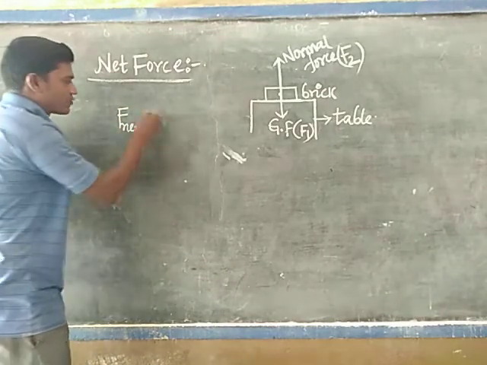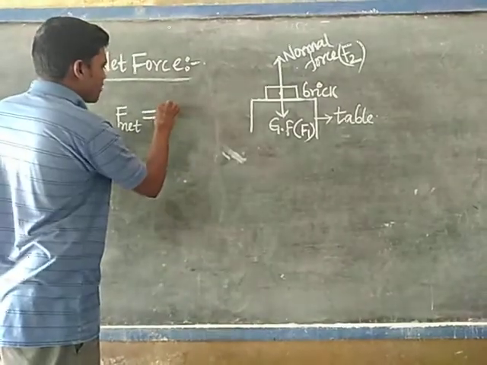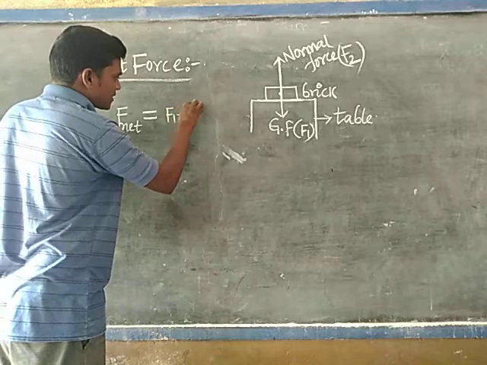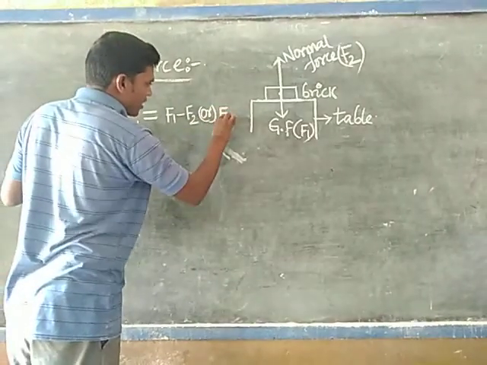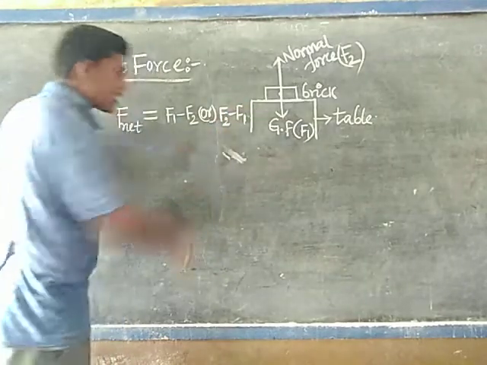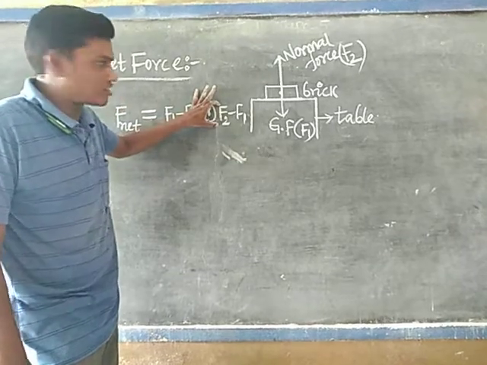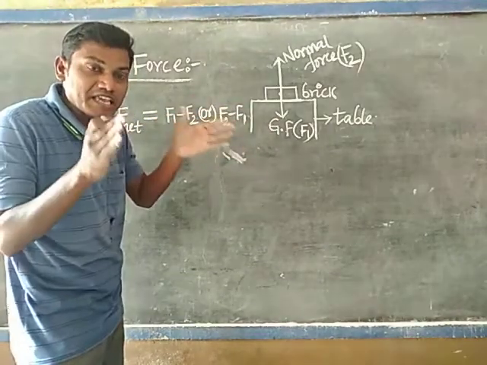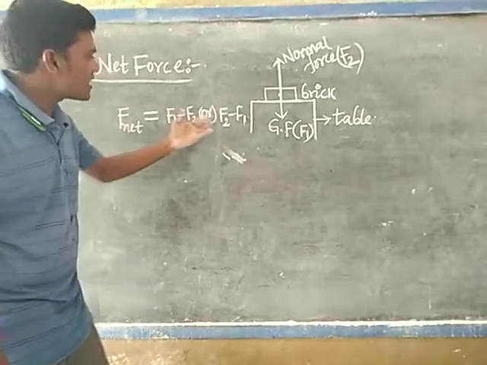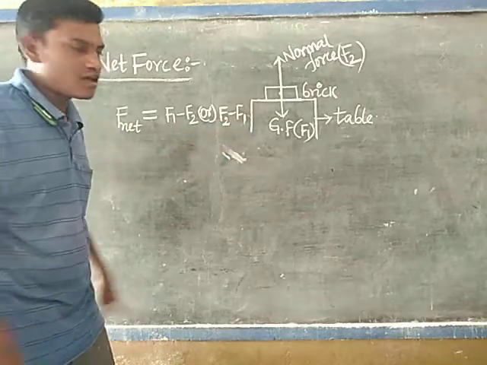F net is equal to F1 minus F2 or F2 minus F1. Generally, when you use this equation, if the two forces are equal in magnitude, we can write F1 minus F2 or F2 minus F1.